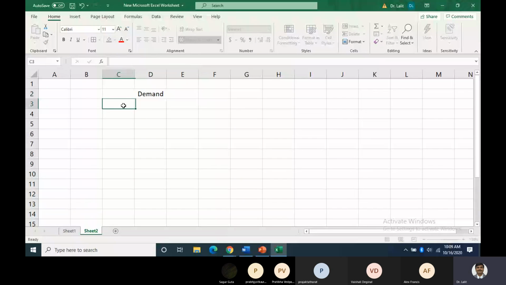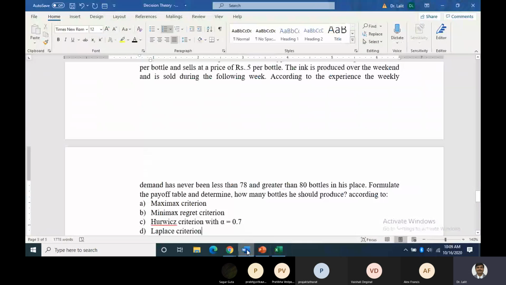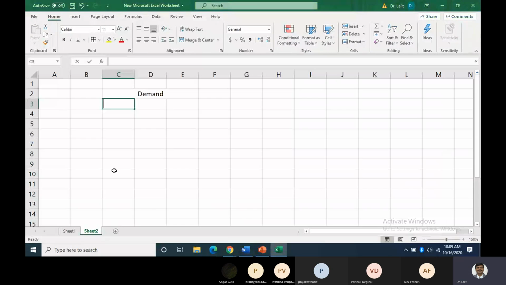Okay, now past experience shows that the demand is never less than 78, never been less than 78 and greater than 80 bottles, right? So demand varies from 78 to 80. Okay. So demand may be 78, 79 and 80.